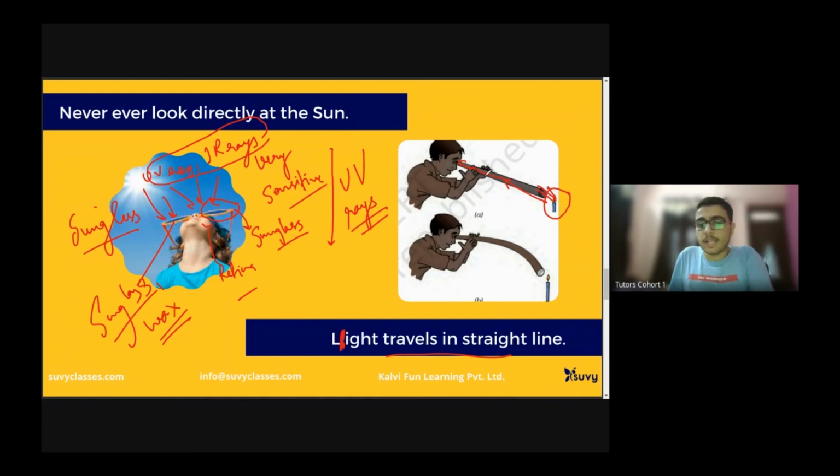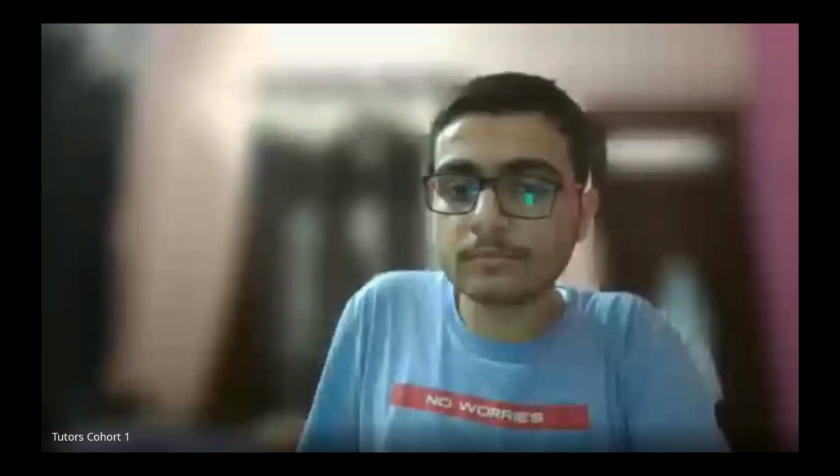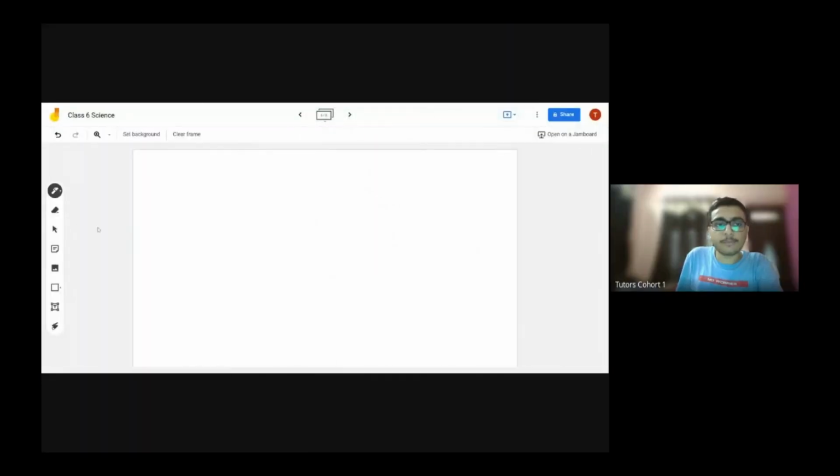Okay, wait, I'll change the screen. Now we have many other tools with us, so we can draw the straight line. Like I was saying, assume here is a candle in front of us. Now I have a long tube through which I am looking at the candle.